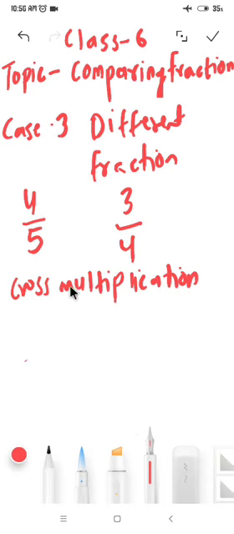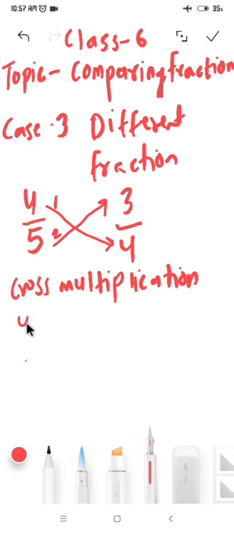In this question, you have to multiply firstly 4 into 4. The first fraction numerator multiplies by the second fraction denominator, and the second time, you have to multiply the first fraction denominator by the second fraction numerator.